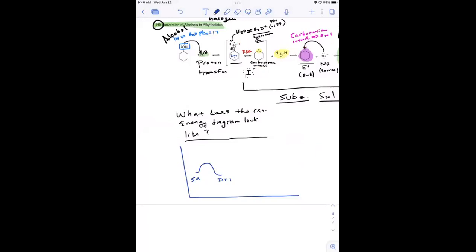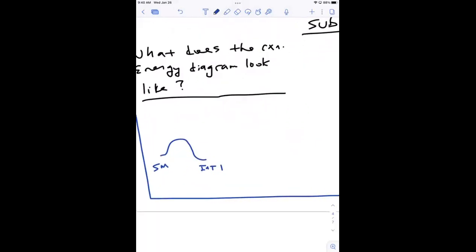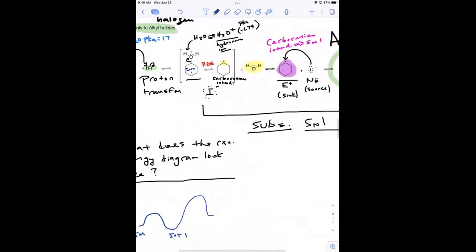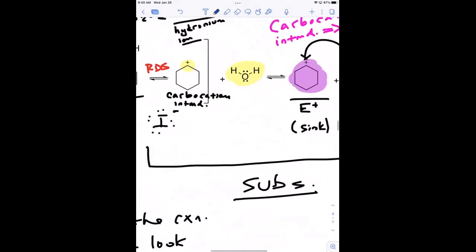The chart should go higher. I show the activation energy here, don't I? All right, and we're going to go ahead and predict that it's endothermic. We don't know how endothermic it is. We could calculate it, but that's not the point of this exercise. So that intermediate is now going to go to the carbocation, which is intermediate 2.